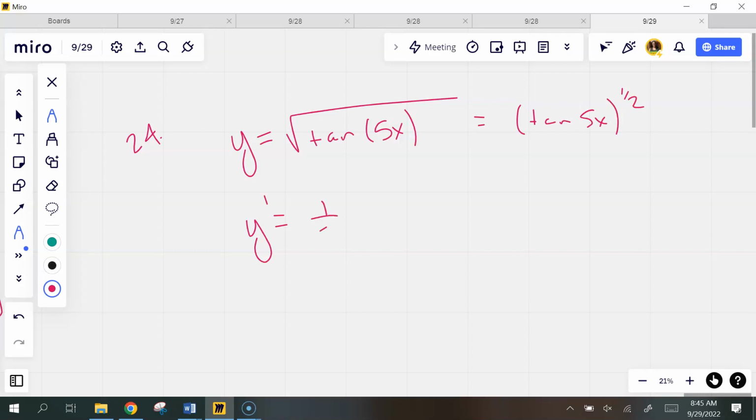So power, trig, what's the derivative of tan?